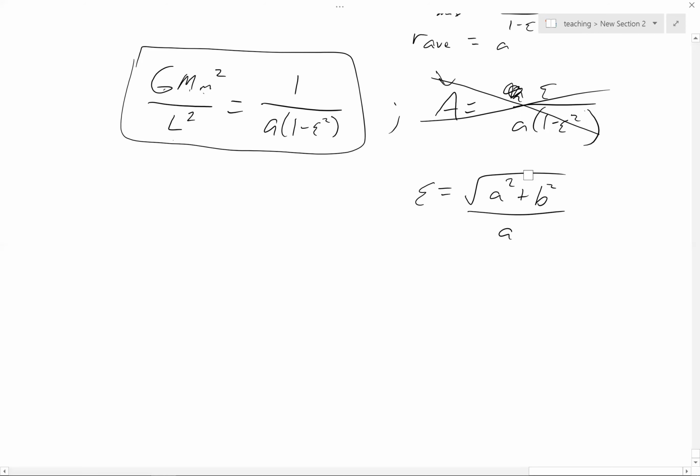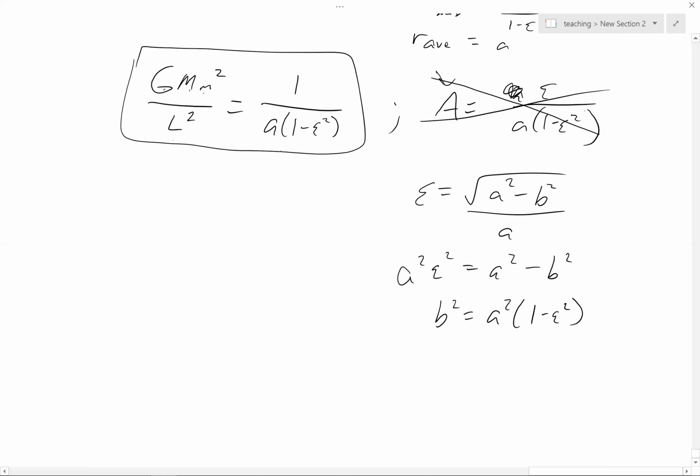It's minus, sorry, plus is for the hyperbola. I know it has to be minus because for an ellipse it needs to be less than 1. So a squared epsilon squared is a squared minus b squared, and so b squared is a squared times (1 minus epsilon squared).